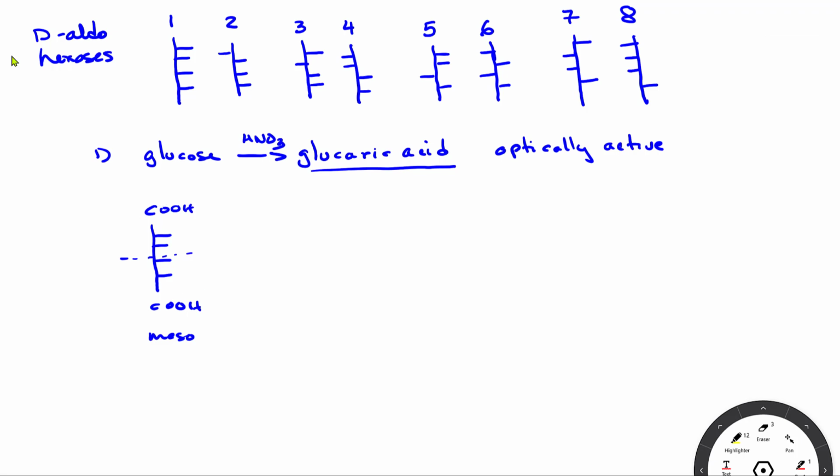He can also, taking a look at structure number 7, make the aldaric acid from it. Sorry, I'm just looking at something else like this. And this is also meso, right?